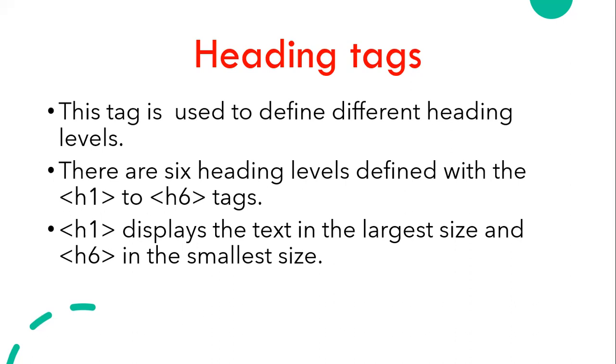H1 means chapter 1, that is considered as head 1. Head 2 means 1.1, 1.2, 1.3, 1.4 and so on. Head 3 means 1.1.1, 1.1.2, 1.1.3. Like that, we give different heading levels based on the sections.